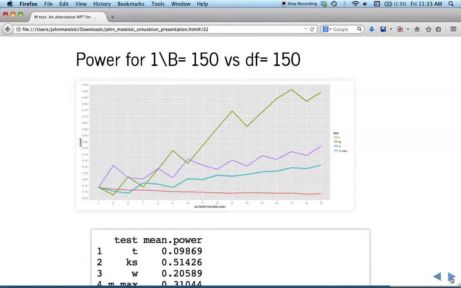So this is a tricky one for these tests because there is no location shift. I'm not exactly sure what the variances are, but they're not the same, and they have different shapes. If you look at these distributions, they're clearly not the same.